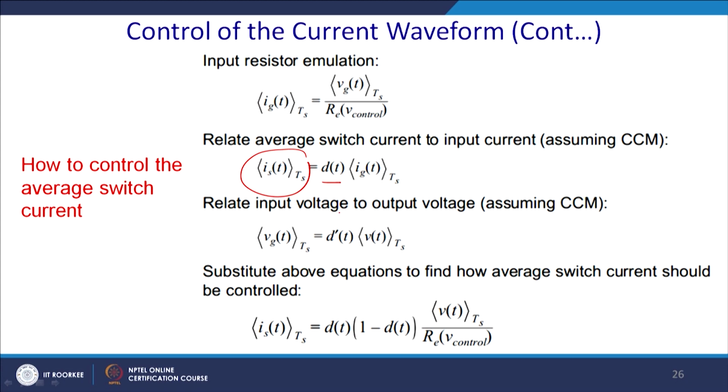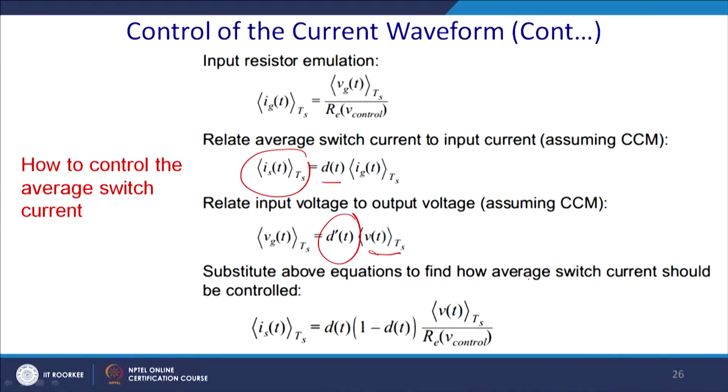Relate the input voltage to the output voltage, and we assume that it is continuous conduction mode, then Vg Ts equal to d prime into Vt. Please recall, in our previous class we have done the small signal model.